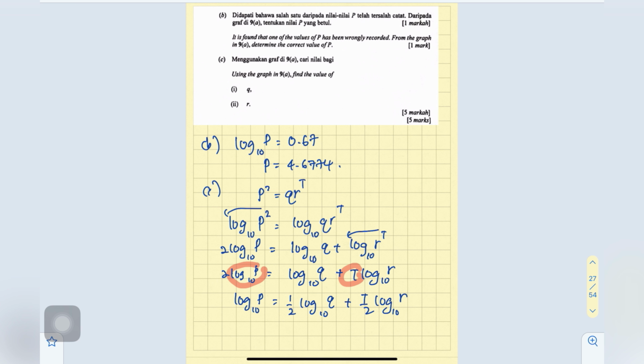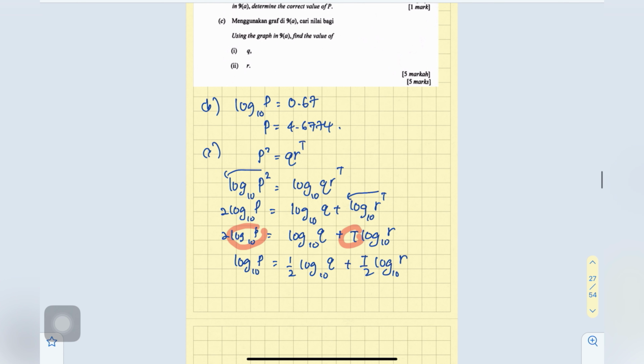Okay, so then this one is big Y. Ni big X. So the rest dia punya gradient lah. So soalan dia nak cari Q dulu. So Q maksudnya dia punya C, this one. Okay, ni C ni M lah.